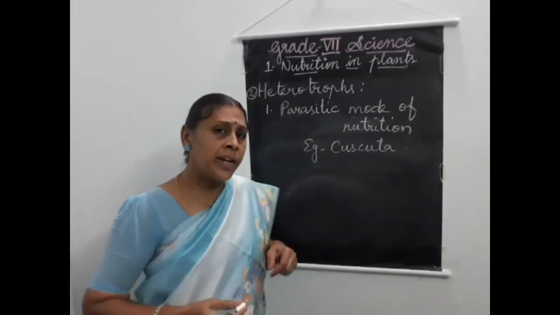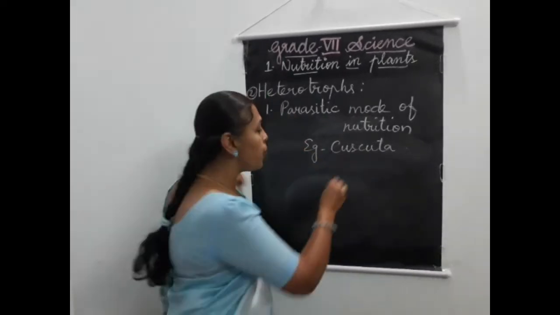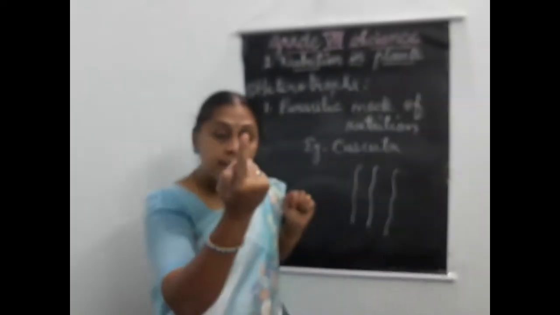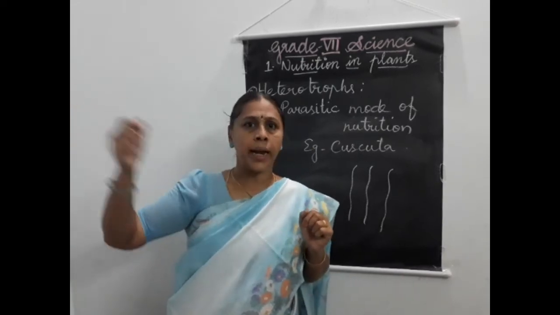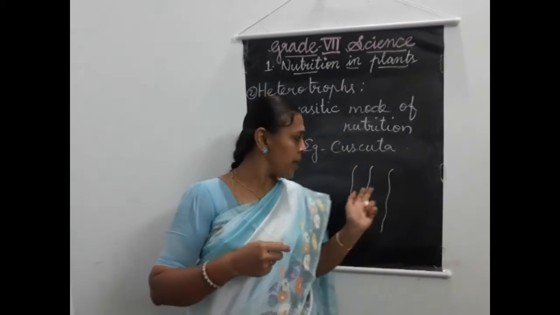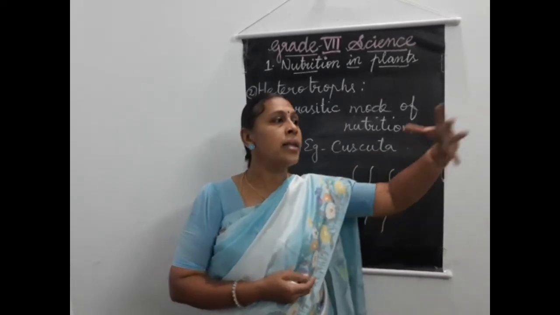It has got different names. It will be yellow and tubular in structure, like this. It is a yellow color thread-like structure. You could have seen it on the roadside, or nearby, if any empty space is there. This could be seen easily. It climbs on other plants.